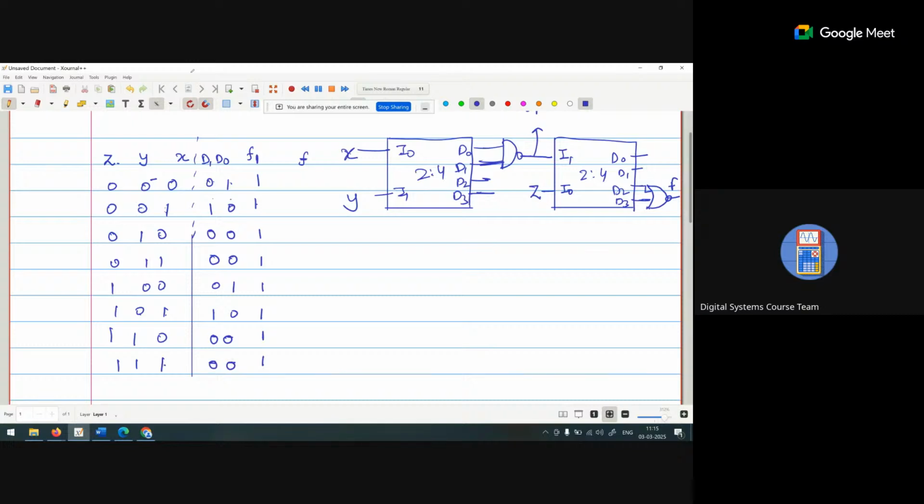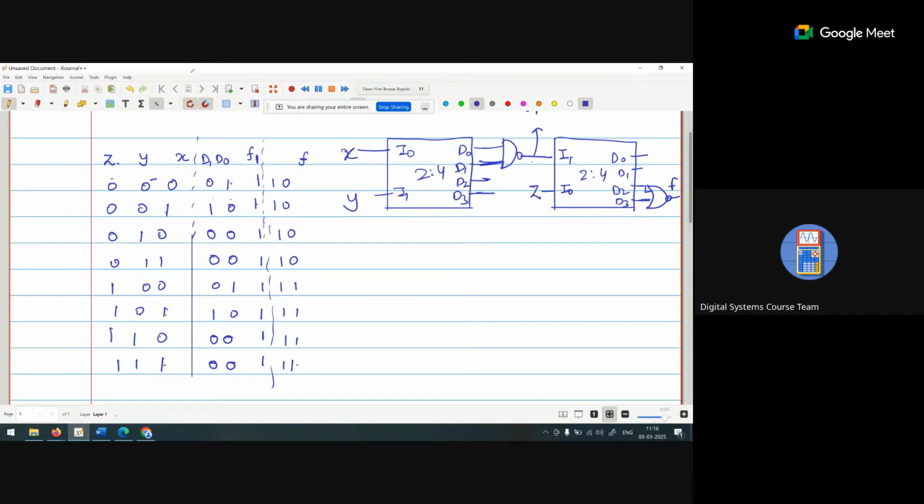Now this F1 will go to I1. So I1 is 1, I0 is 0, so it becomes 1, 0, 1, 0, 1, 0, 1, 1, 1, 1, 1, 1 and 1, 1.